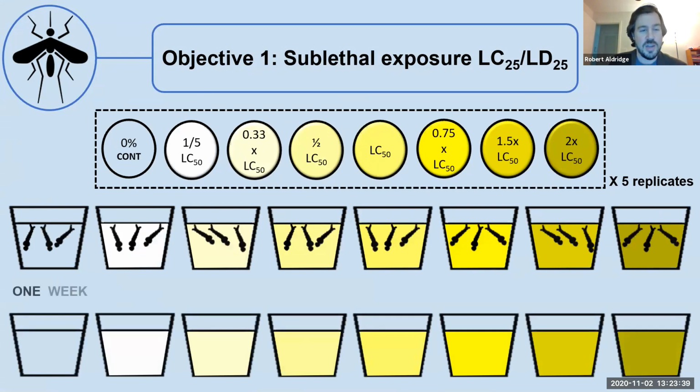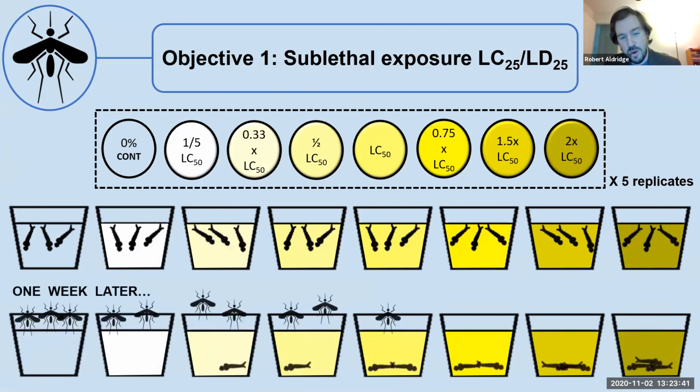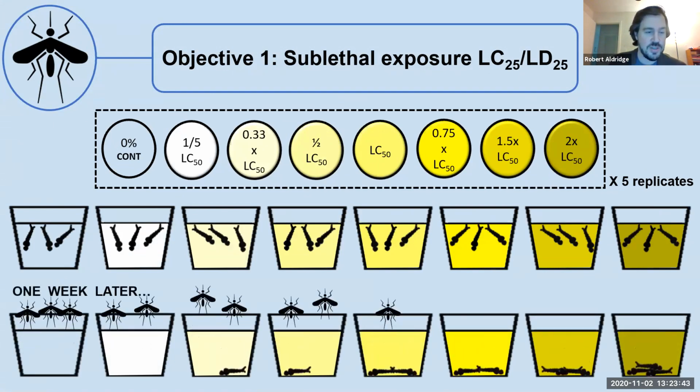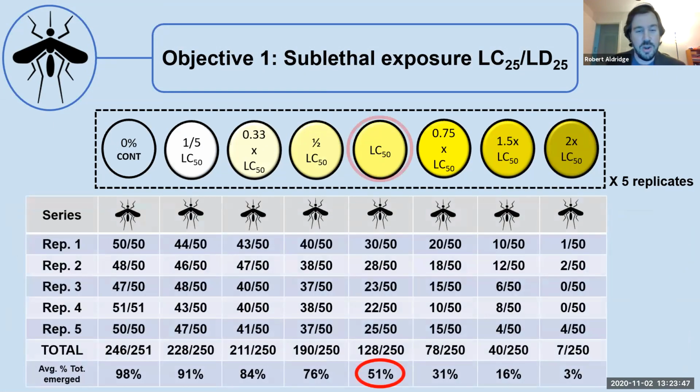So basically, this is a small breakdown of what I'll be doing. I'll look at different concentrations, expose larvae to those concentrations. Shortly thereafter, there will be adults that will emerge and larvae that will die. Following that, I can chart how many emerge and generate a lethal concentration at 25 or 50%.